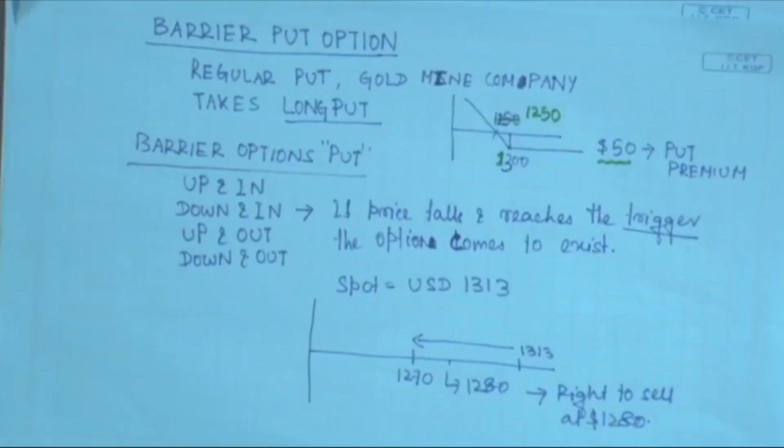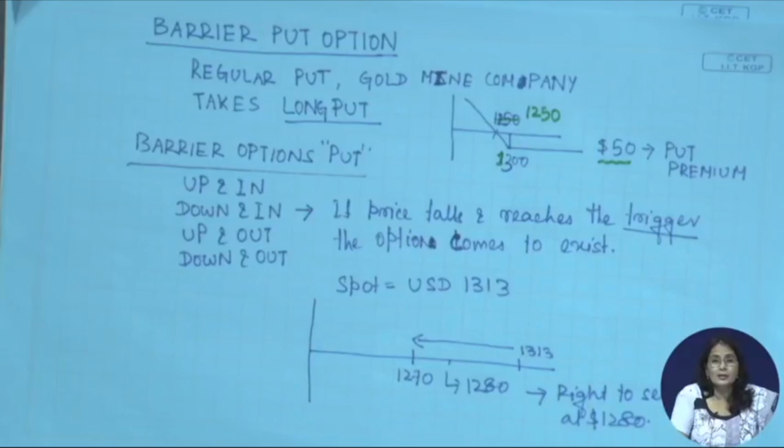So you have a barrier put option. If you recall a regular put option, the gold mining company will take a long put position, and by entering into the long put position, it has the right to sell gold at a later point of time at a fixed price. Let's say it enters into a long put option at a price of $1,300 and pays an upfront premium of $50 as a put premium.